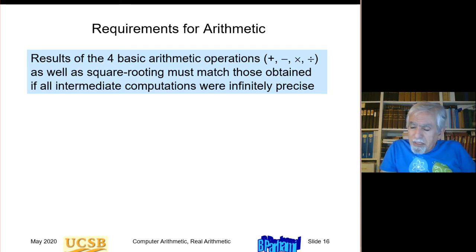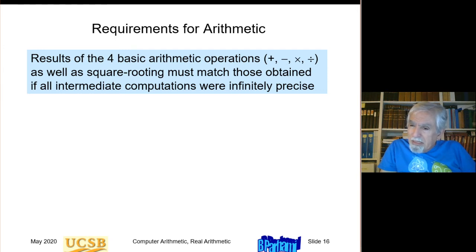In other words, adherence to the IEEE standard means you implement your ALU, or whatever arithmetic circuit you're implementing, so that it yields a result whose only error is the final rounding. If you compute the intermediate results with infinite precision, of course, infinitely precise computation is not practical.